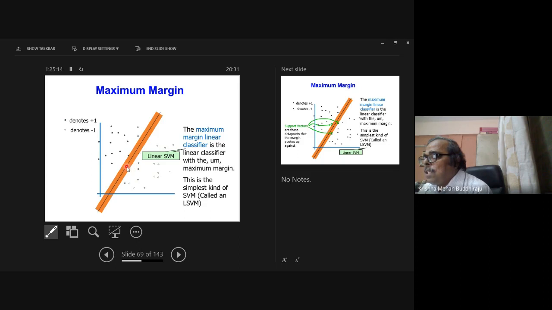Draw the boundary in such a way that you get a maximum distance from the nearest training samples. So supports, these are the nearest training samples that are supports. Generally, we have the data in multidimensional space, so we call them vectors anyway. Support vectors. The machine is a classifier. Support vector machine is a classifier.